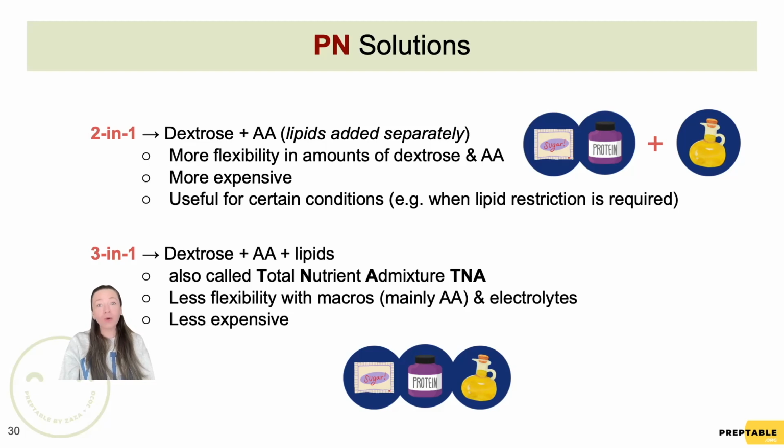However, 3-in-1 is generally less expensive and more practical. The fact that it's pre-mixed means that it streamlines the preparation process and it helps with cost saving in the long run. As a dietitian, you will need to weigh factors such as flexibility, cost, and patient needs when selecting the most suitable option for each clinical situation.